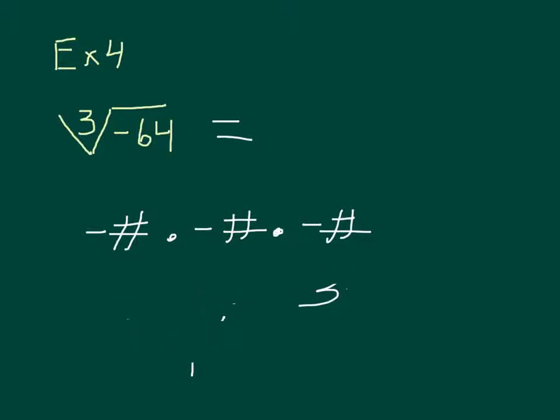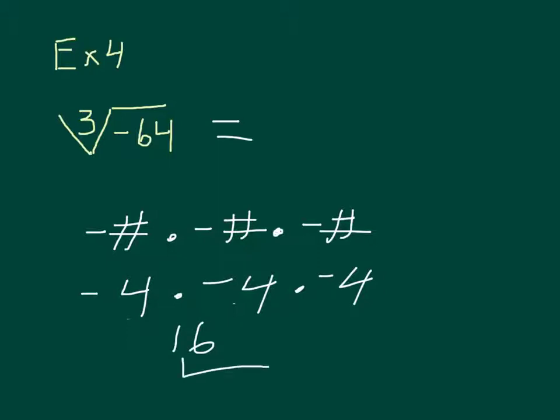Alright, so we'll try a negative 4. So I have a negative 4 times a negative 4 times a negative 4. A negative 4 times negative 4 is 16. 16 times a negative 4 is a negative 64. So my answer is a negative 4. So the cubed root of a negative 64 would give me a negative 4.